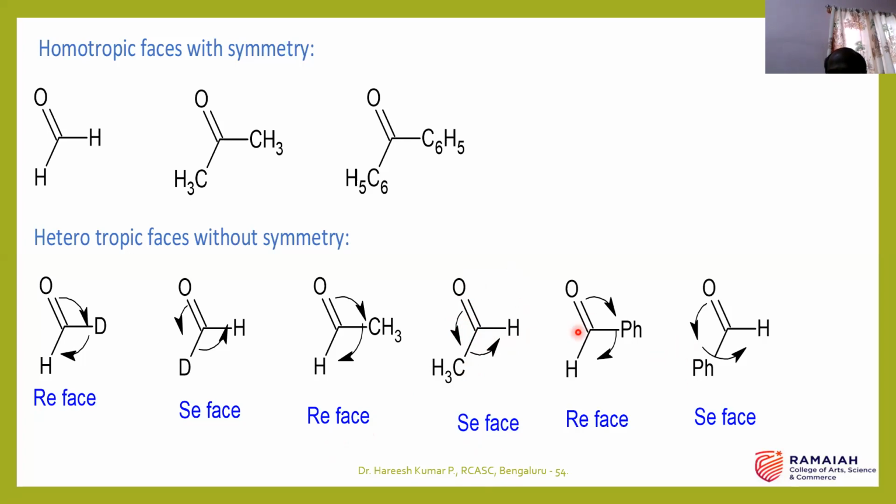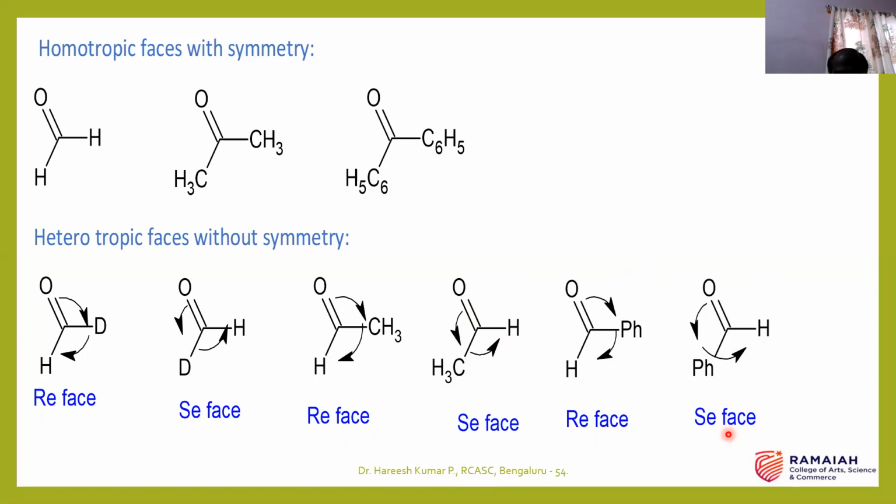So here I am taking benzaldehyde. There will be a movement in a clockwise direction. It's called Re phase. And here also you can observe that there is an anti-clockwise direction. It's called a Si phase. So this is the difference. There will be a question for 2 marks or 1 mark.